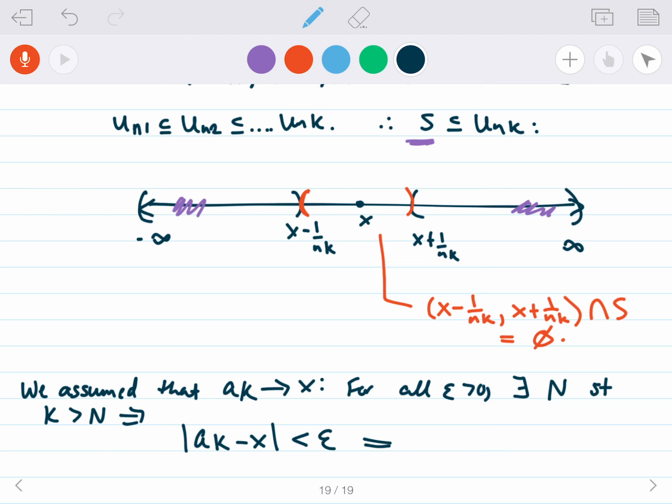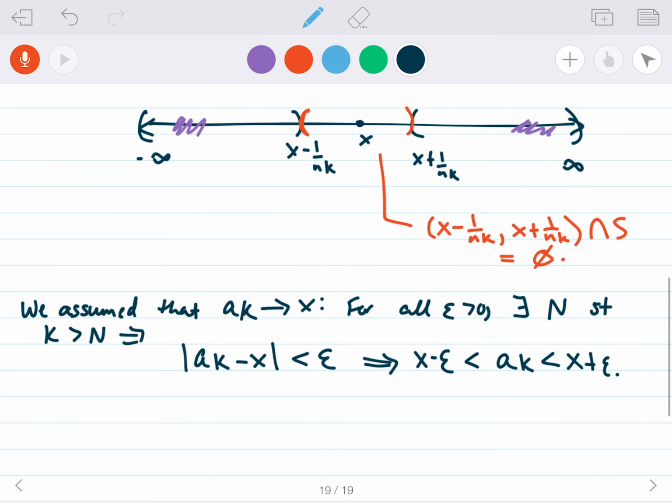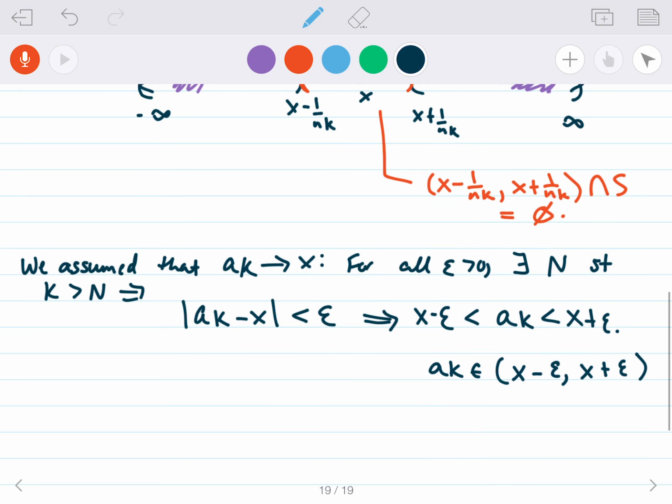Our properties of absolute value tell us that this means a_k is between x minus epsilon and x plus epsilon. So that means that a_k is in this neighborhood. But this is where the contradiction arises. So let epsilon equal 1 over nk, and then we have the contradiction.